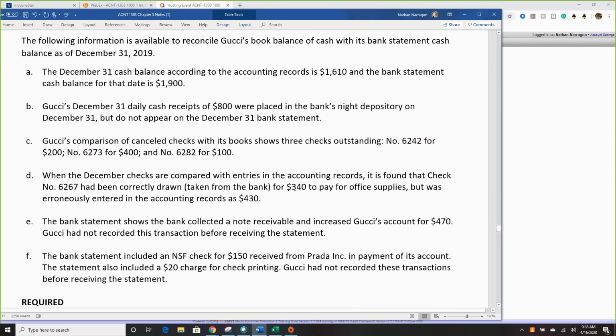Due to December 31st, daily cash receipts of $800 were placed in the bank night depository on December 31st, but do not appear on the December 31st bank statement. Let's piece this together. Who has not recorded the $800? Is it the bank or the book?